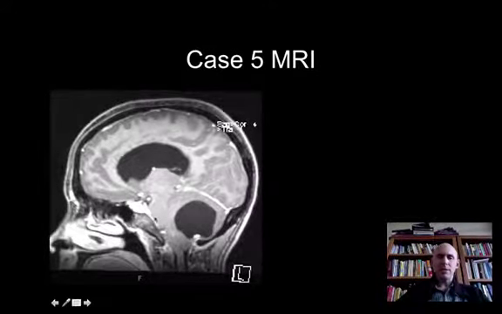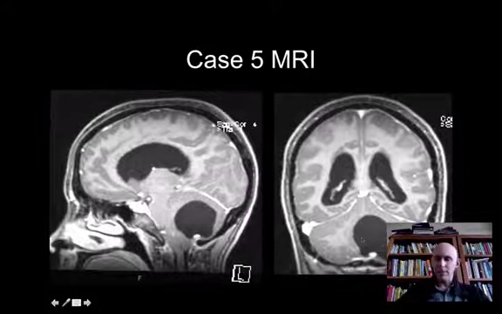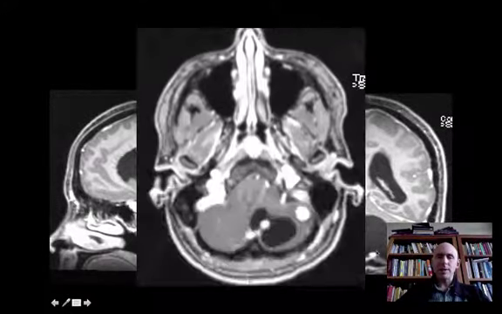It's a cystic lesion. This is a sagittal T1 weighted MRI of the brain, showing a cystic lesion within the posterior fossa and a little contrast-enhancing mural nodule. In another view, in the coronal plane, we see, again, a big cyst and a little tiny contrast-enhancing nodule.